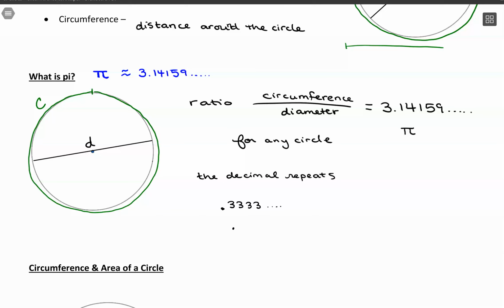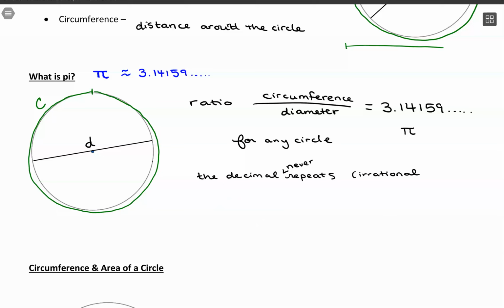And in previous math classes, maybe you've seen this form where it just shows what's repeating. But what happens with pi is that the decimal never repeats. There's no sequence to it. There's no theme to it. It's just always a different sequence of numbers coming through. And this is called an irrational number.